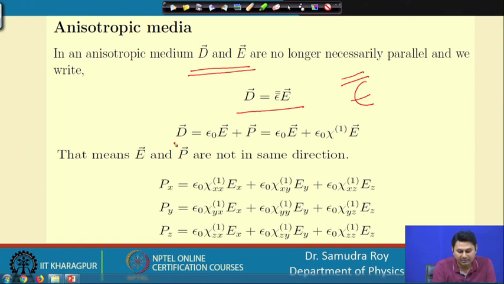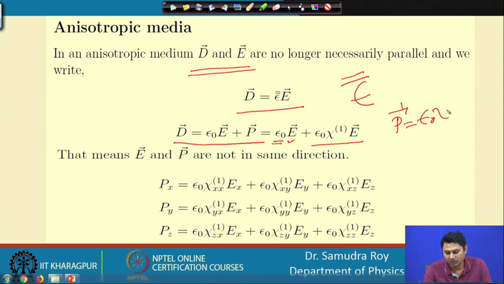Now D is equal to epsilon 0 E plus P, where P is the polarization, epsilon 0 is scalar, then E is there, and P is related to E. We know that P is epsilon 0 chi 1 and E. So, P and E are related by this expression, but if I say D and E are not parallel, that means these quantities are not scalar.